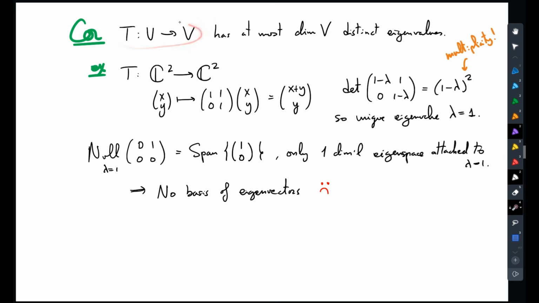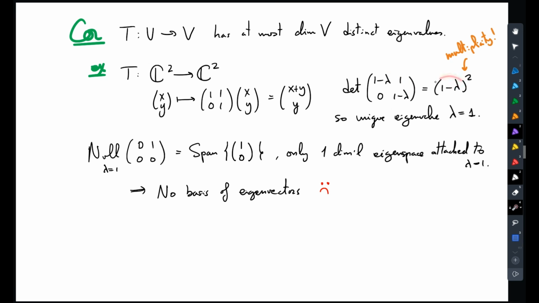So any operator has at most dimension of V distinct eigenvalues. For instance, if I have the operator from C^2 to C^2 given by this matrix, then I can try to figure out what the eigenvalues are. I can take A minus lambda I, the identity, and see what the determinant of this is.